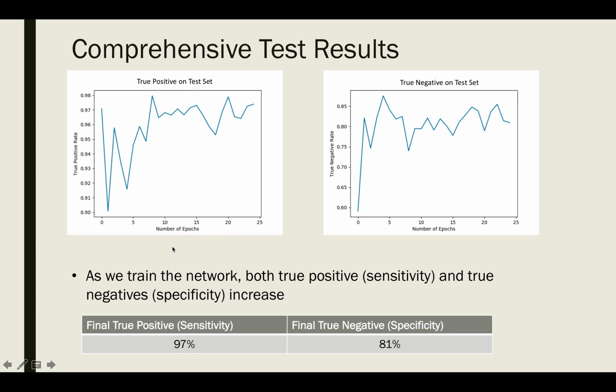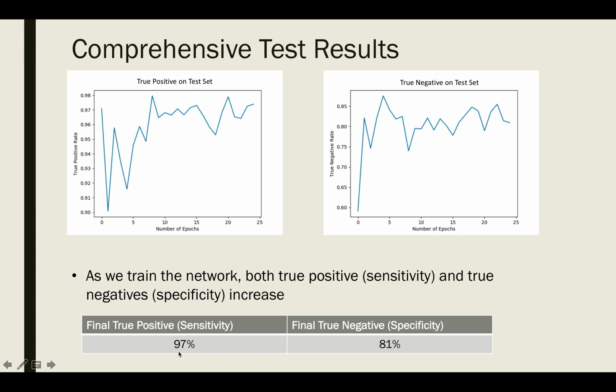We also performed some more comprehensive test experiments. We have a total of 30 test videos, and we computed the true positives and true negatives over all the test videos as a function of our training. Both follow a generally upward trend, which tells us that we are learning useful parameters and our accuracy is improving on the testing set.